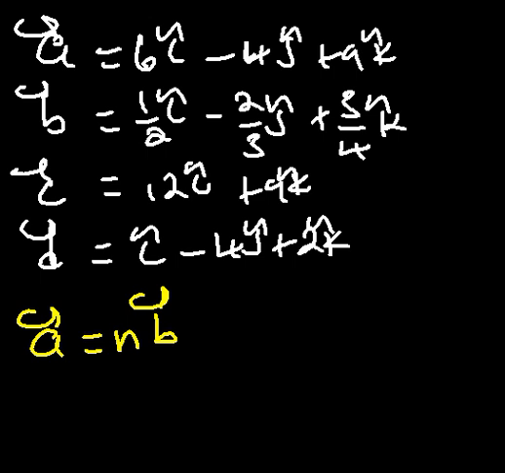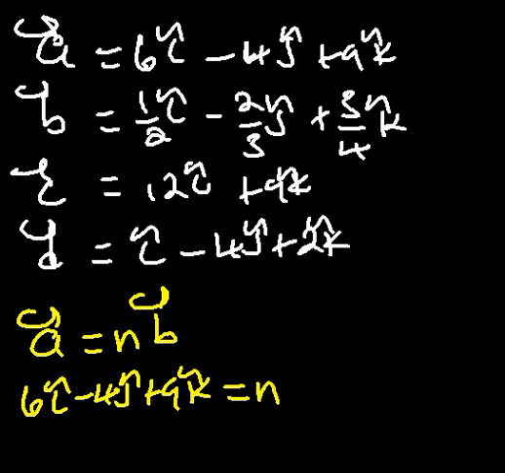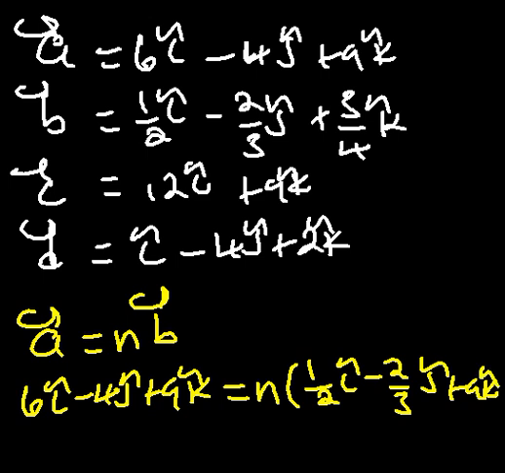So in that case, vector A is 6i minus 4j plus 9k, which is equal to a scalar n times vector B. We have B as 1 over 2 i, minus 2 over 3 j, and plus 9k.